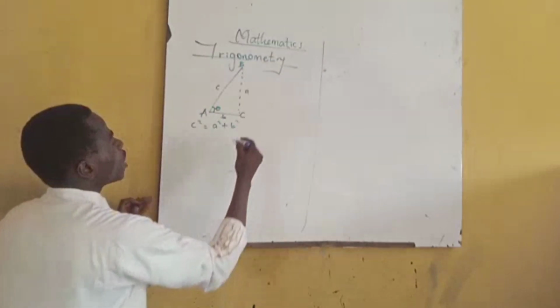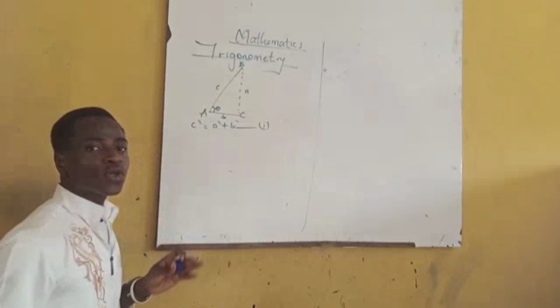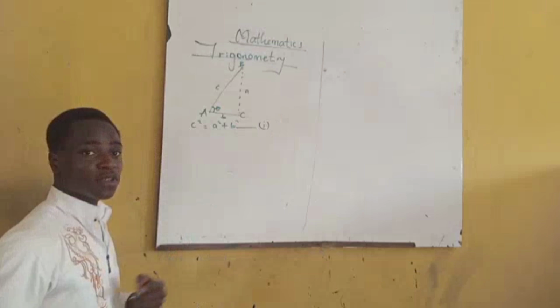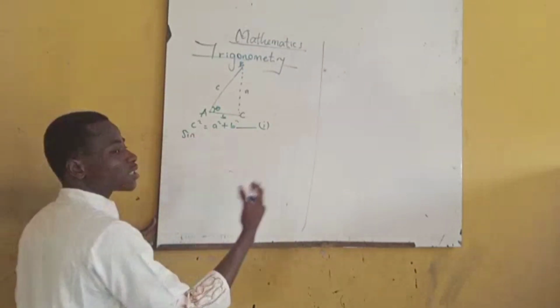Now, I can call this one my first equation, equation 1. The next one uses SOHCAHTOA, which I explained previously. SOHCAHTOA implies sine, cos, and tan.